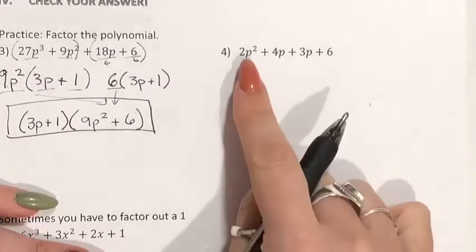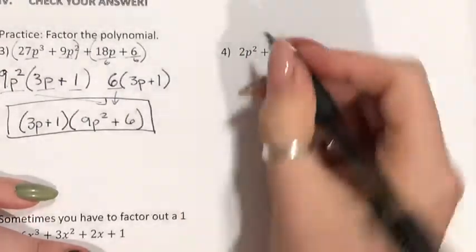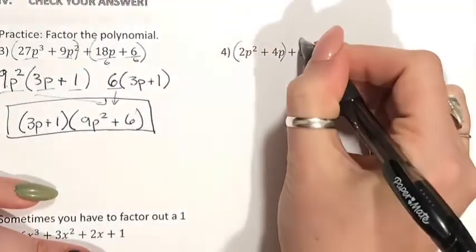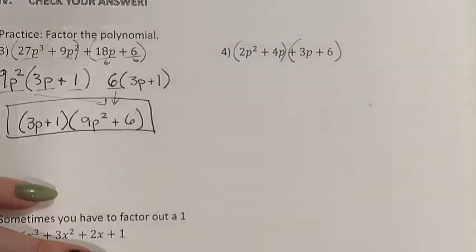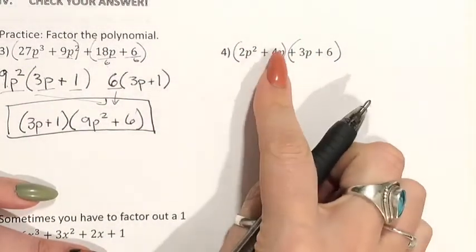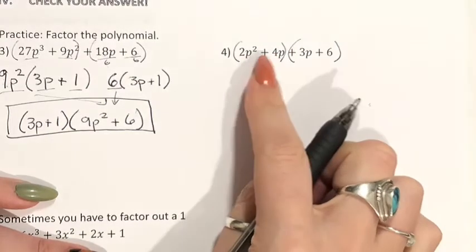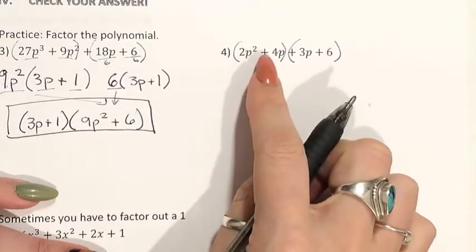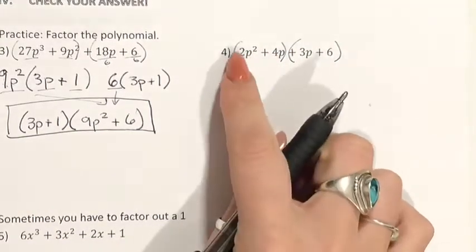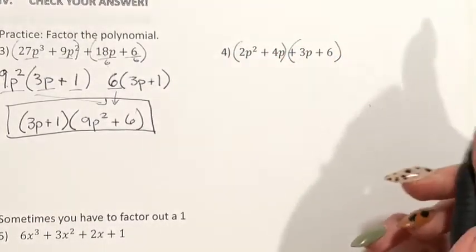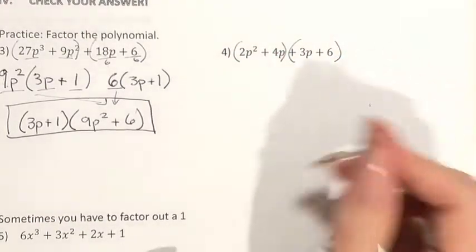Let's look at this guy. We have our 4 terms. So first we're just going to break it into 2 groups of 2. Then at each group, we're just going to find the common factor between those 2 terms. So if you want, you can still do it the long way, which would be to write out all of the different parts. I have some students who prefer to do it that way every time.